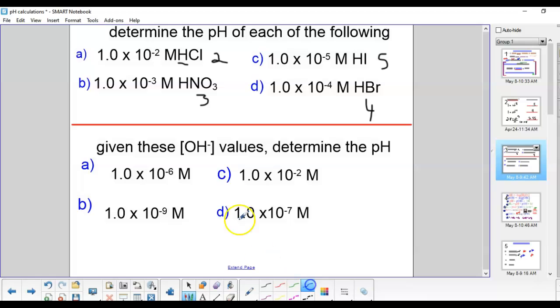Let's take a look at what this question is asking. We're given the concentration of the hydroxide. We need to determine pH.